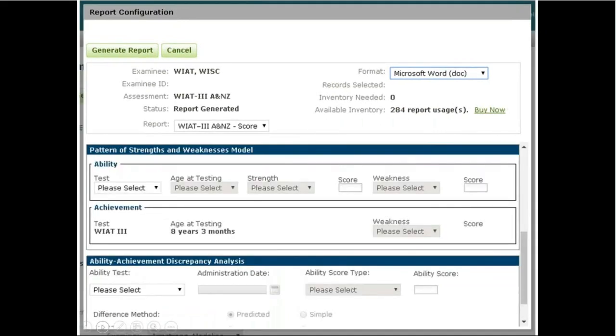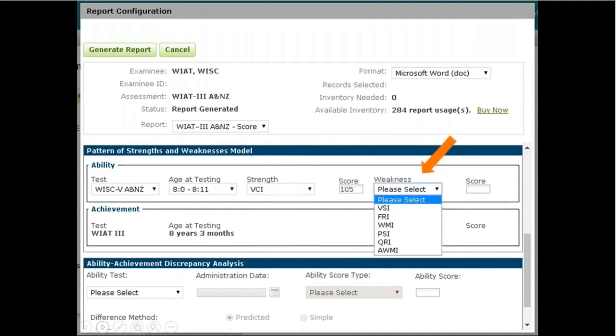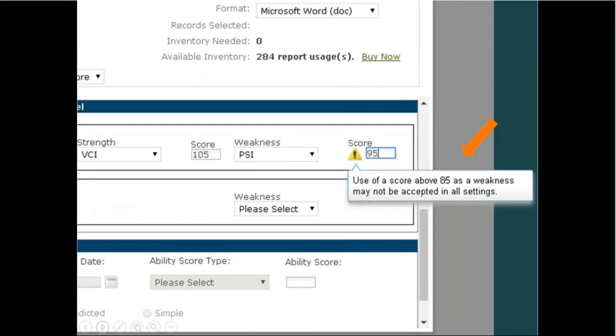So we scroll down in this instance to the next panel below, and we're choosing the WISC-V in this instance, and our processing strength for the WISC-V might be VCI, for example, with a score of 105 in this instance, and our processing weakness might be PSI, let's say.